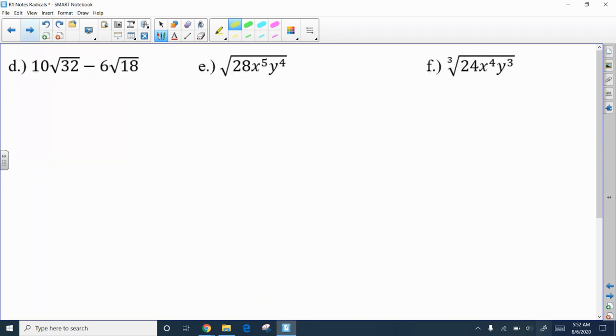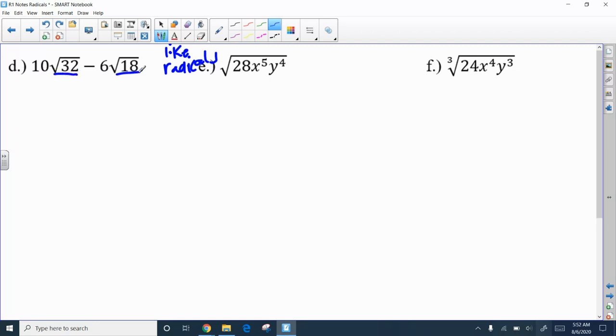Okay, so next we have a subtracting. Adding and subtracting are the same. For both adding and subtracting, we need like radicals. And so right now, these are not like radicals.